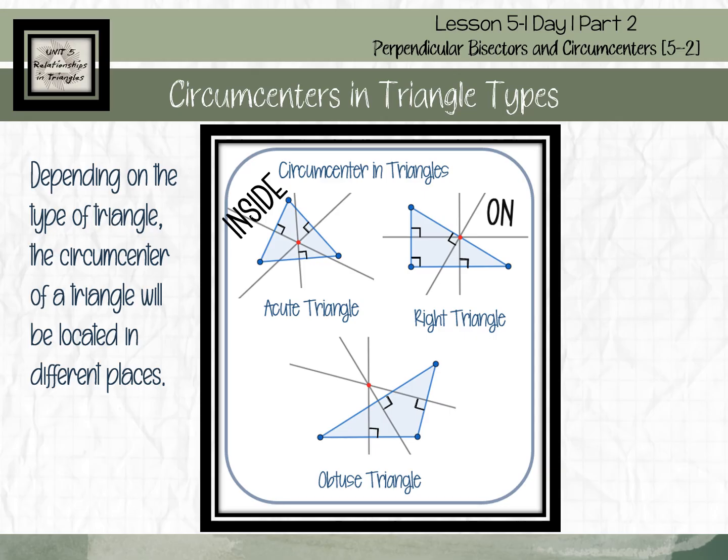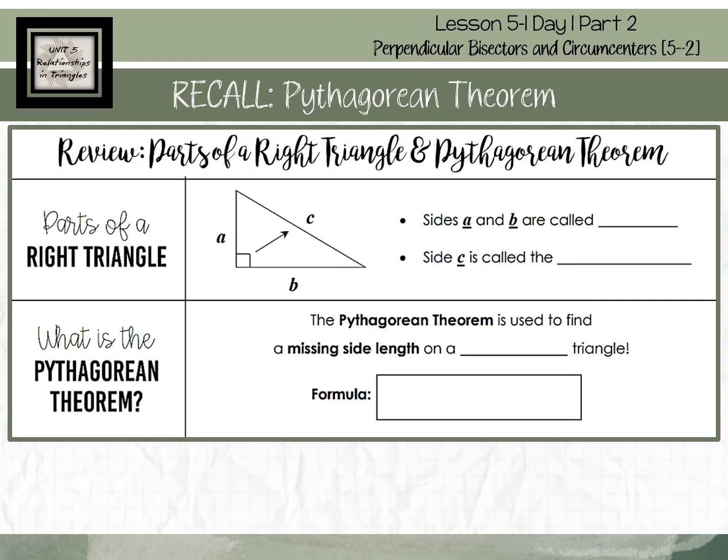If it's a right triangle, it's always going to be on the triangle, at the midpoint of the hypotenuse. An obtuse triangle, all the perpendicular bisectors are going to meet on the outside. So the circumcenter can be inside, such as an acute triangle, on, such as a right triangle, and outside of the triangle, as in an obtuse triangle.